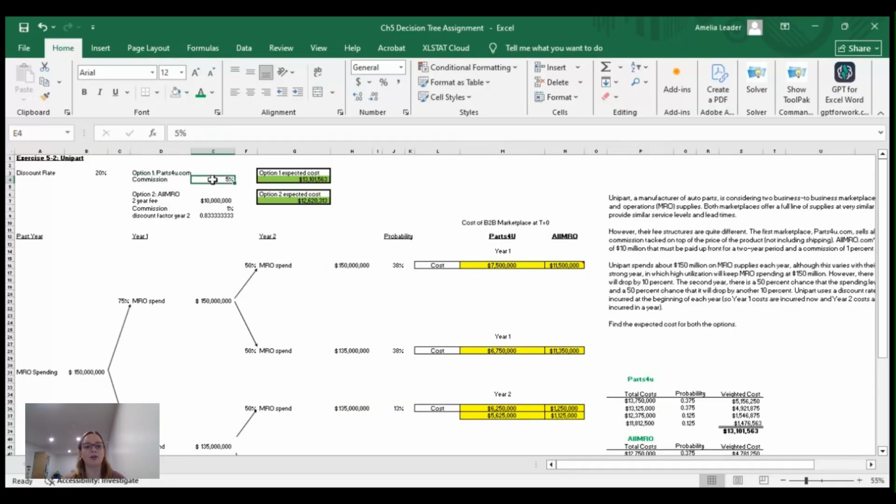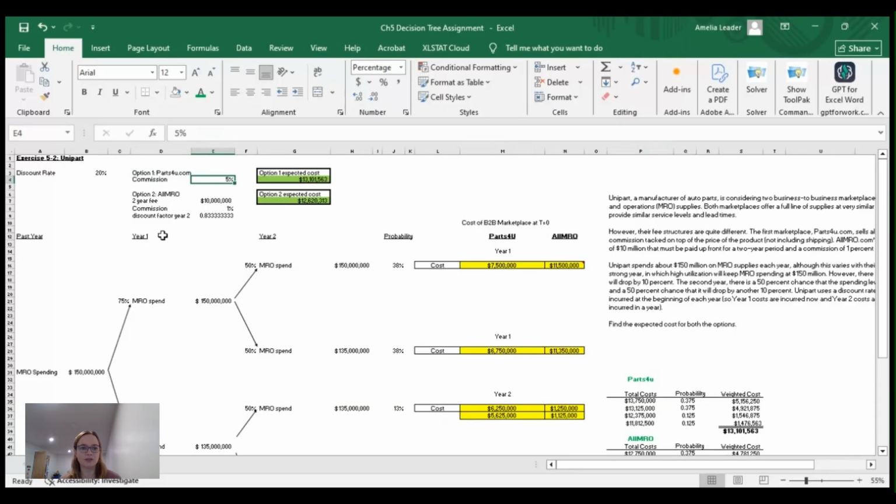And then Aimrow has a commission rate of only 1%. However, there's also a $10 million fee added on. So with that information and with the probabilities of spending in year 1 and year 2, we will make a decision based on whichever one has the lower cost.